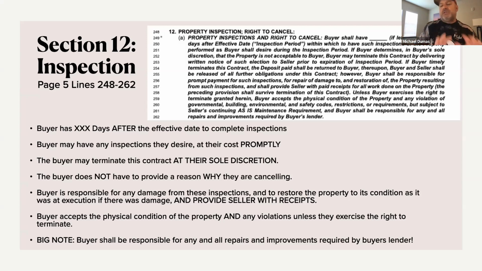Let's explain what I just talked about. Inspection period is done, okay? At that point in time, the buyer says, I've done all my inspections, I'm moving forward, I accept the property as it is. If there are building code violations on it, guess what that means? Sorry, you accepted it. We're past the inspection period, okay? You have to be very careful with these. These terms in the contract go hand in hand.